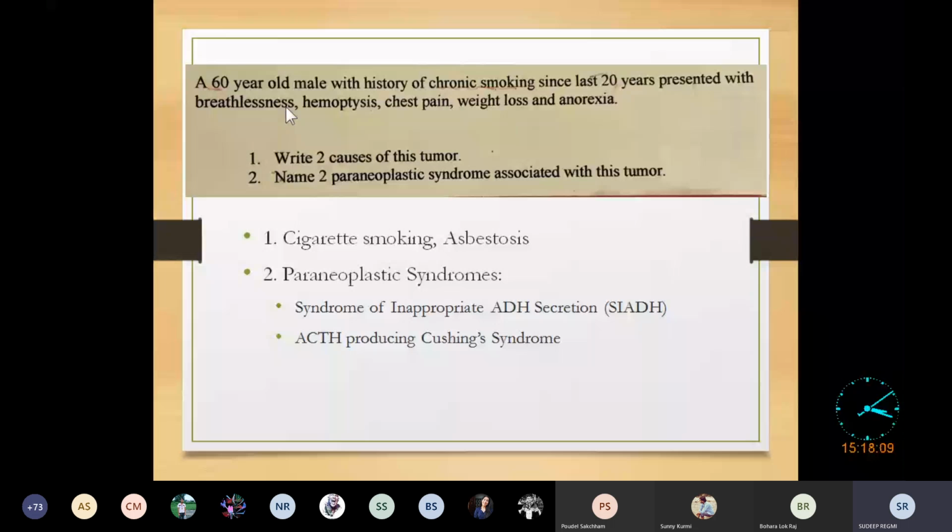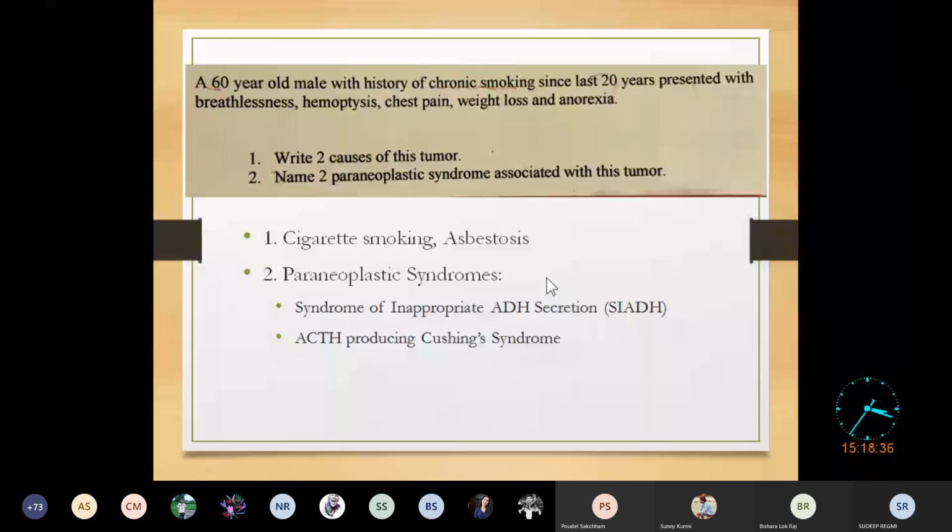Then what are the two causes of this tumor, and name the two paraneoplastic syndromes associated with this tumor. So you have to know this, like cigarette smoking or asbestosis might cause this tumor, and paraneoplastic syndromes can be SIADH or ACTH producing Cushing syndrome.